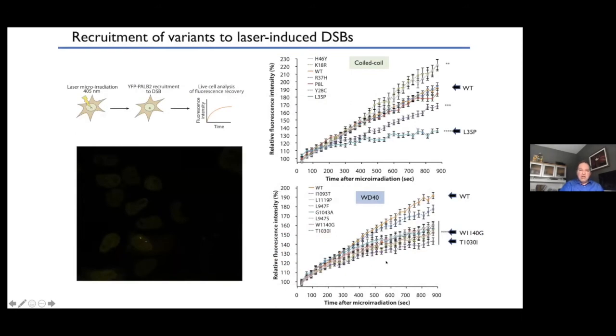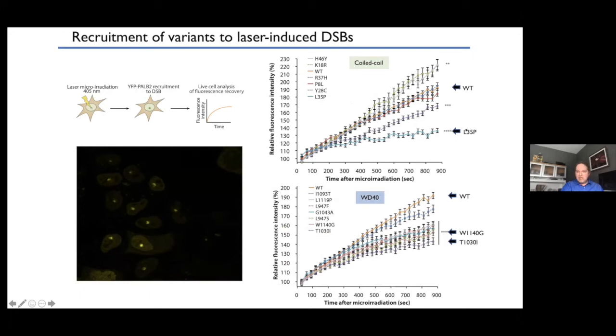So obviously PALB2 is a DNA repair protein and is recruited to breaks. You can see that here when you irradiate cells, we can see relocalization of PALB2 to the DNA breaks. So we confirm that these mutants were defective in the recruitment. You can see here the typical recruitment of PALB2 wild type on the laser tracks.